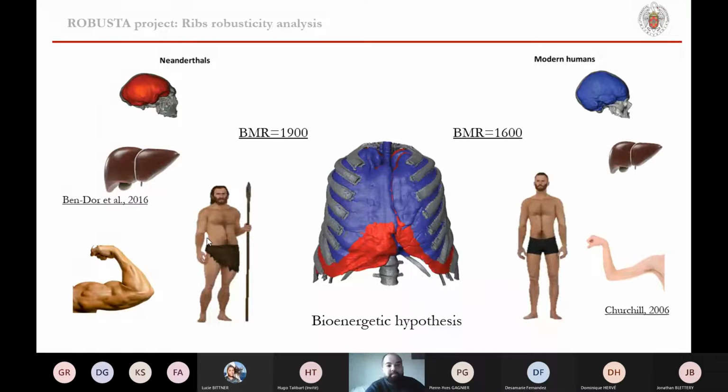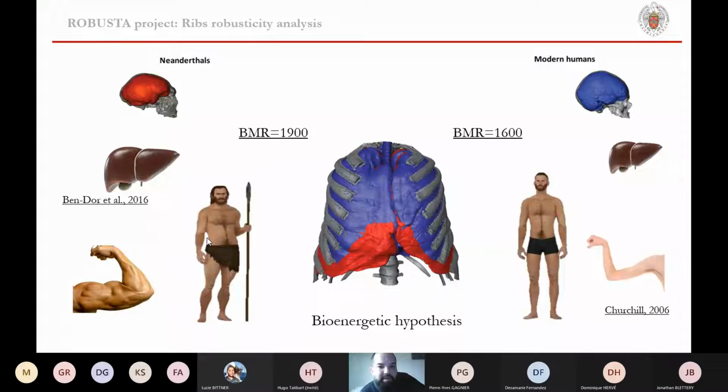Also, there's another proposal by Ben-Dor and colleagues in 2016 that talks about the size of the liver as an important factor also. And this could also need a lot of energy.